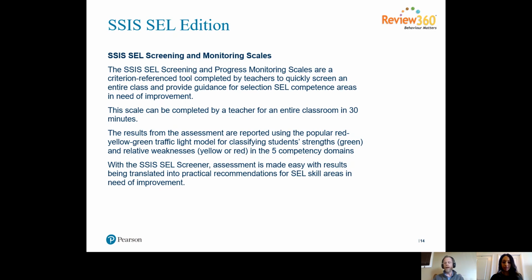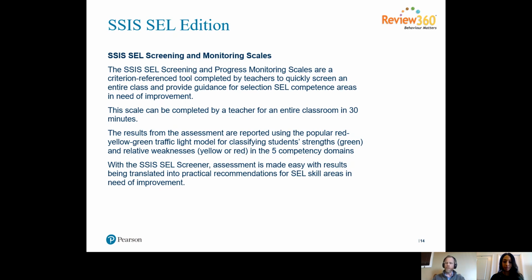Then again, it will highlight which students are struggling and which ones we need to help in those particular areas. What's also nice is that we can see group trends. If we see all of our students struggling in one of these areas, then we leverage one of the lesson plans from the social emotional learning edition, implement that, and then redo the ratings.